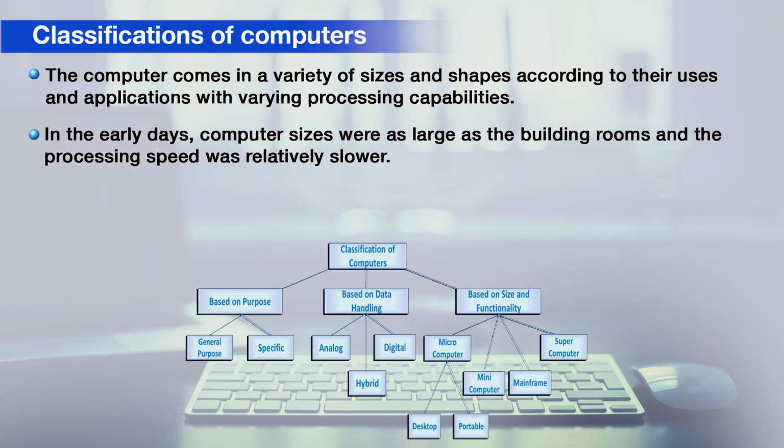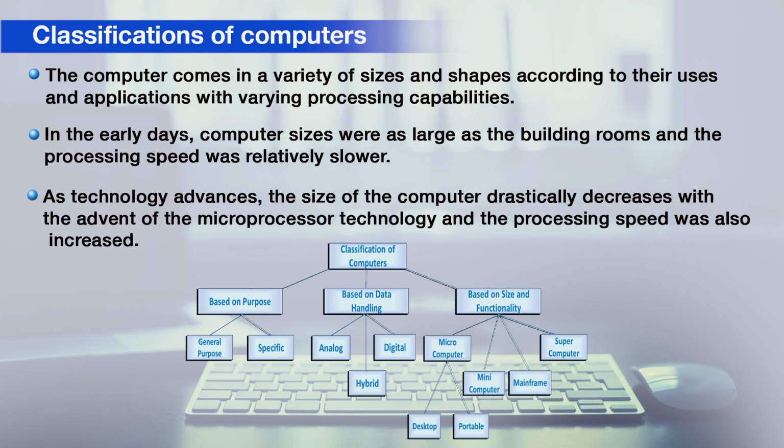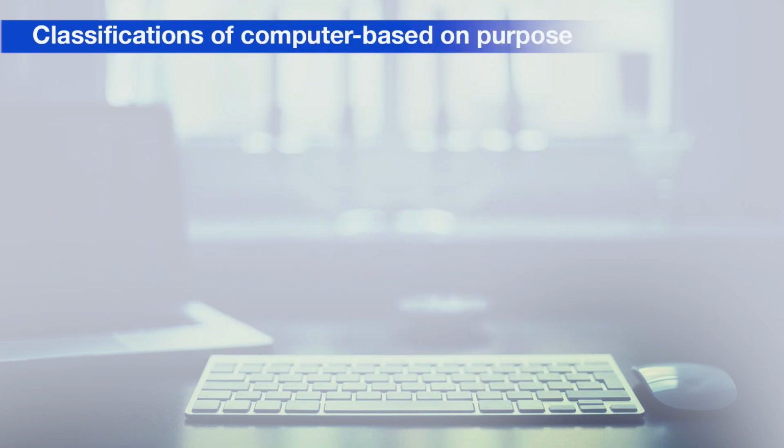In the early days, computer sizes were as large as building rooms and the processing speed was relatively slow. As technology advanced, the size of the computer drastically decreased with the advent of microprocessor technology, and the processing speed also increased.